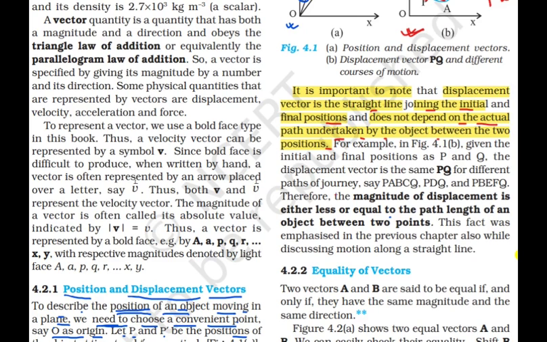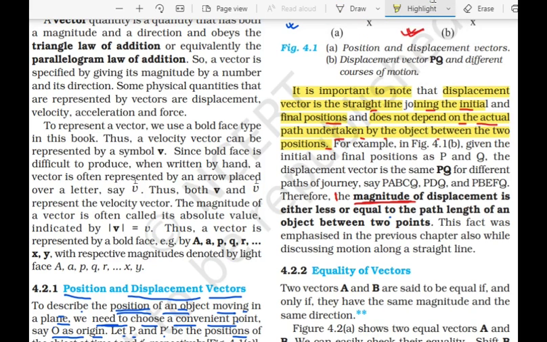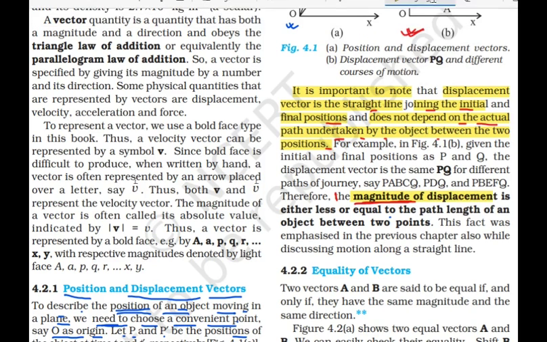Now another important point: the magnitude of displacement is either less than or equal to the path length of an object between two points. Displacement vector always has to be equal or less.